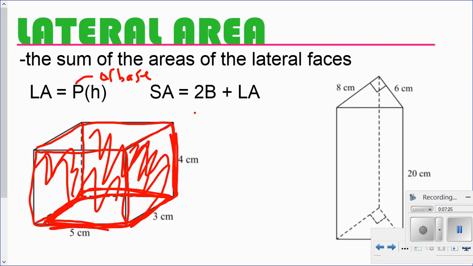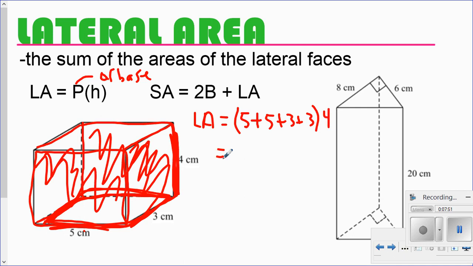Notice I'm writing LA because I'm talking about lateral area right now. I'm going to find the perimeter of the base. The base is this rectangle with sides 5, 3, 5, and 3. So I'm going to add those, 5 plus 5 plus 3 plus 3. That's the perimeter of the rectangle. And we're going to multiply that by the height of the prism, which is 4.